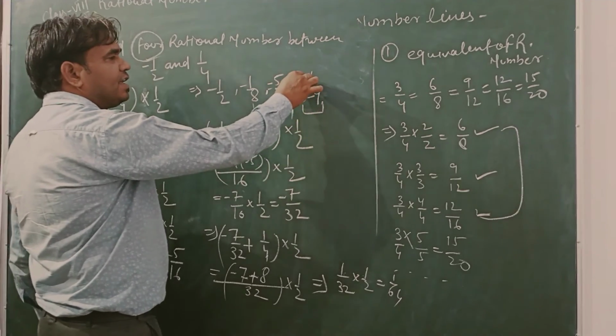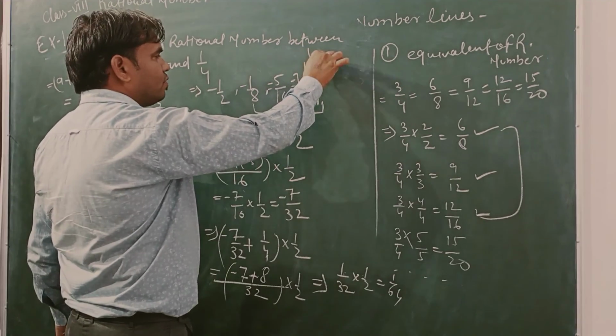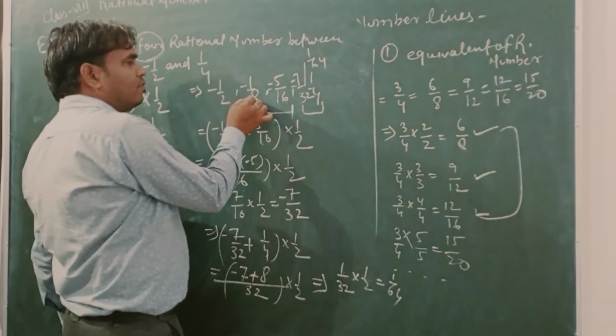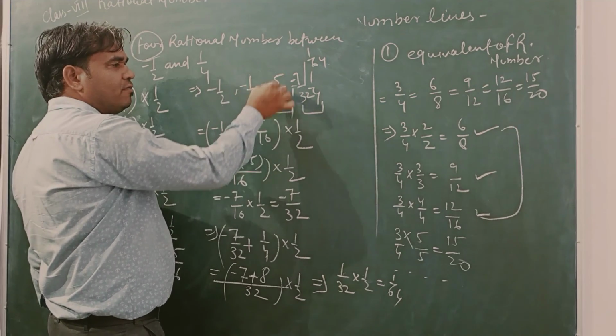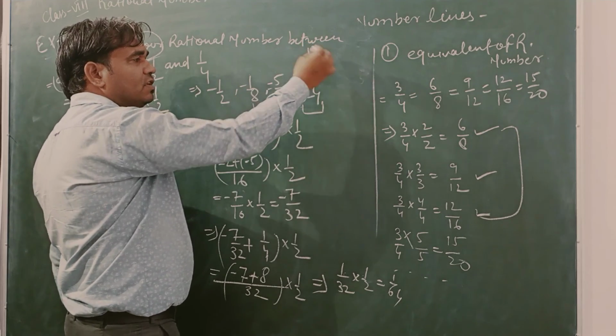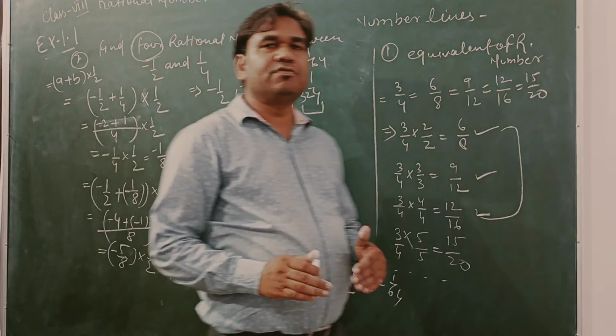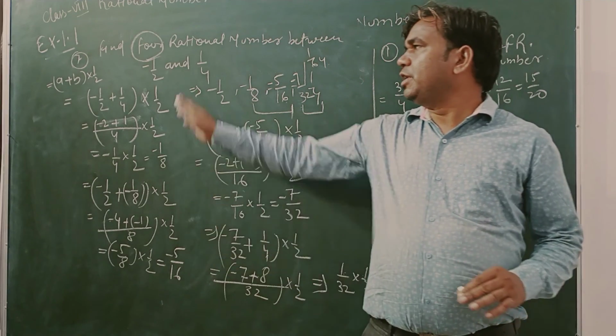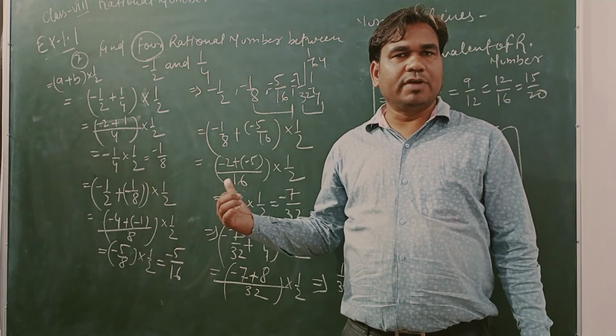So we can write here 1 over 64 also. The 4 rational numbers you have got are minus 1 over 8, minus 5 over 16, minus 7 over 32 and 1 over 64. In the same way, students, whatever numbers you are asked between these, you can solve by this method.